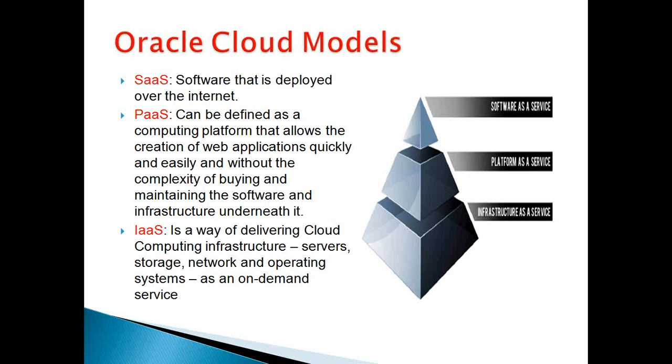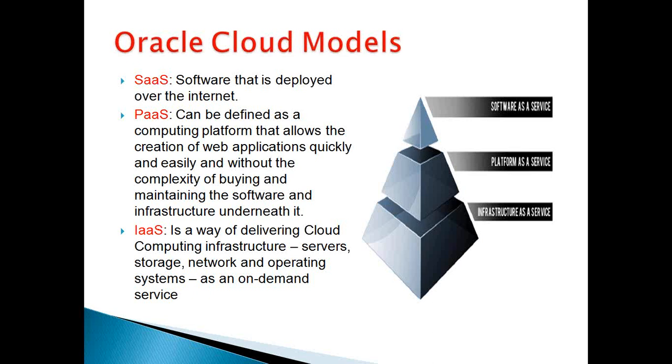So in other words, cloud computing is a model of enabling convenient on-demand network access to a shared pool of configurable computing resources. So what are the computing resources we come across? Like what we saw about servers, storage, all these things.